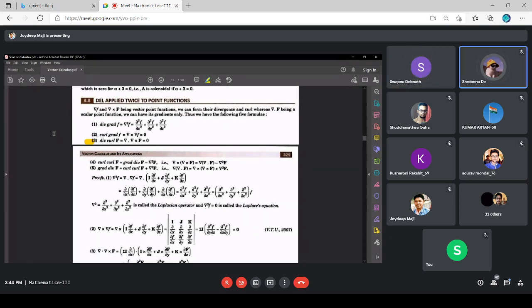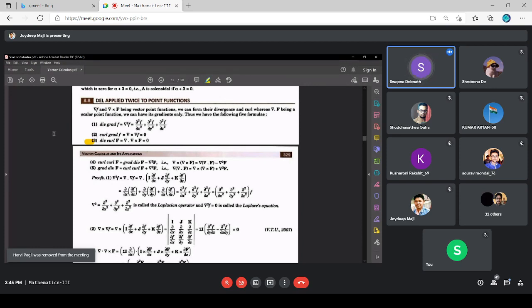Vector, ma'am. Yes, vector. Right. Because gradient f is a vector, del is a vector, and their cross product is also a vector. Therefore, left hand side is a vector, right hand side 0 means that is a null vector. That means all the components are 0.